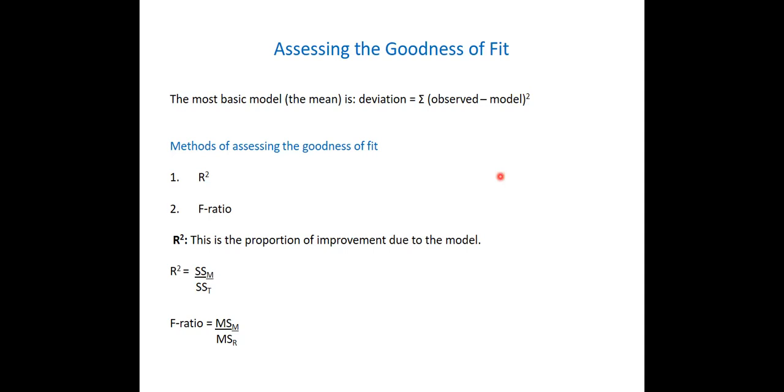Most of the time in your descriptive statistics, for quantitative you summarize as the mean, and for categorical you summarize as percentage. You can be sure that those means and percentages you compute in your univariate analysis are the most basic model.